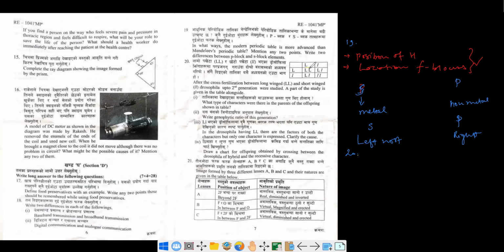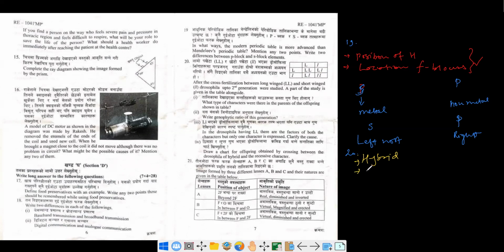Simply, here one is pure longer wings, one is pure shorter wings. This means that these were simply hybrid parents. And the genotype: genotype means genetic makeup, how the genes are made.